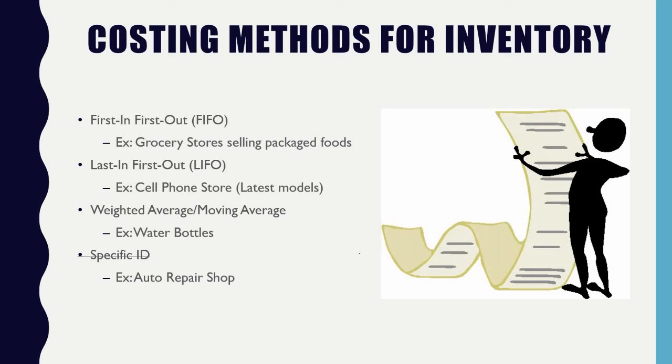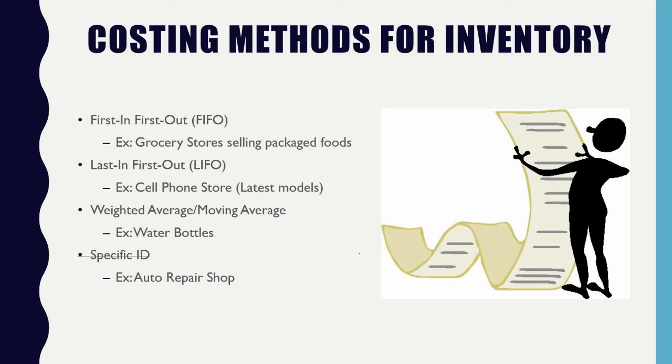Okay. Lastly, specific ID, which again we don't teach in this class, but what it entails is, when you sell items, you're going to have a serial number or some kind of special coding for that specific part. A perfect example is an auto repair shop, right? Not one item can fit every single car.